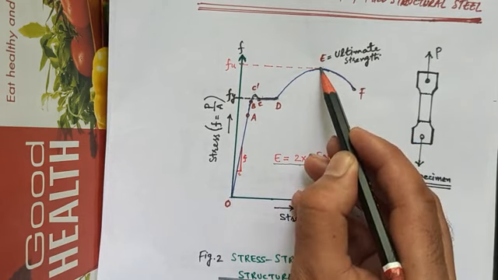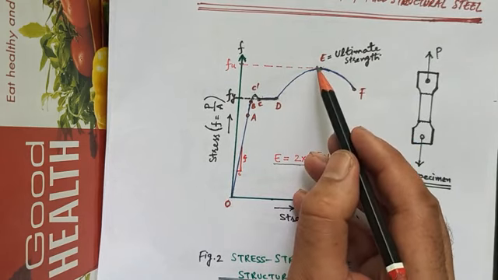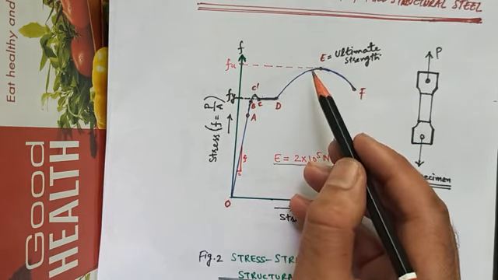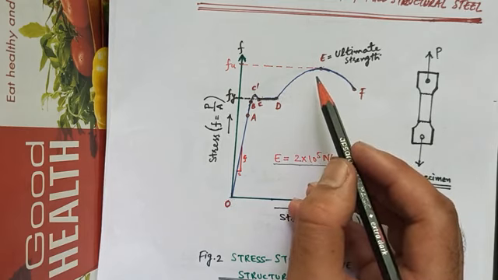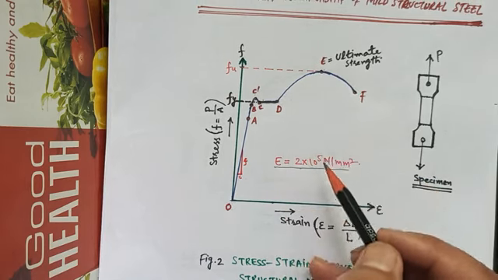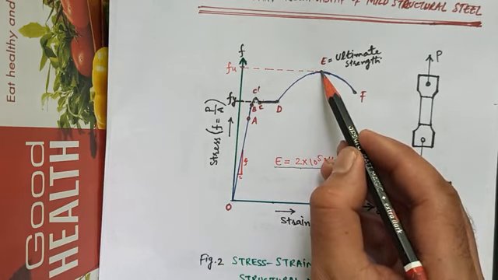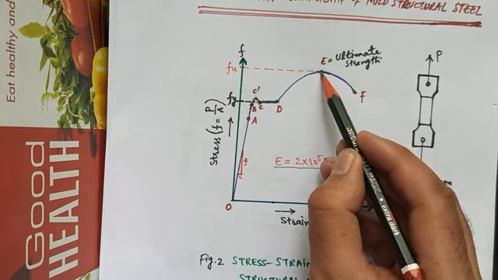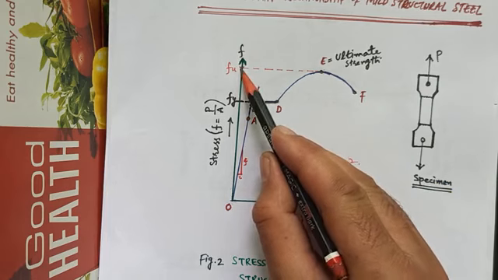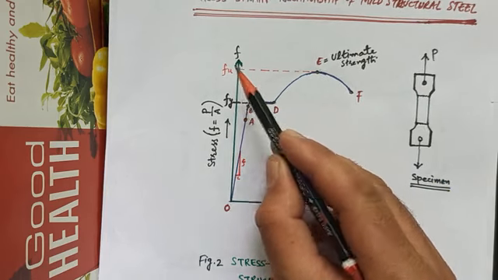The initial slope of this region is about 4% of the modulus of elasticity. At a certain strain of 0.2, the stress reaches its maximum value, which is called the ultimate strength of steel, that is this point. And this ultimate strength of steel is denoted by Fu.